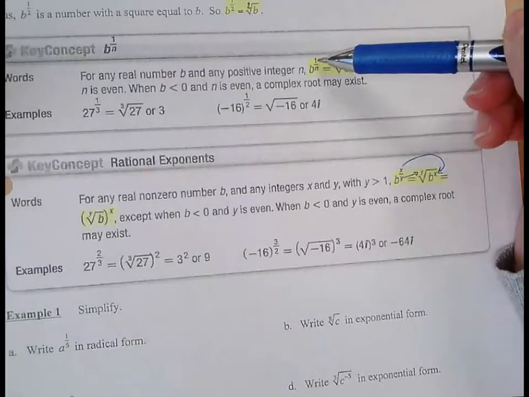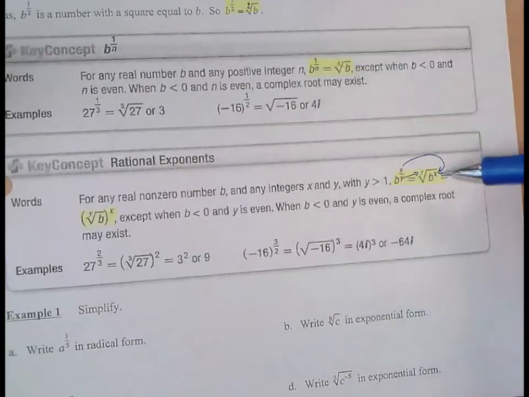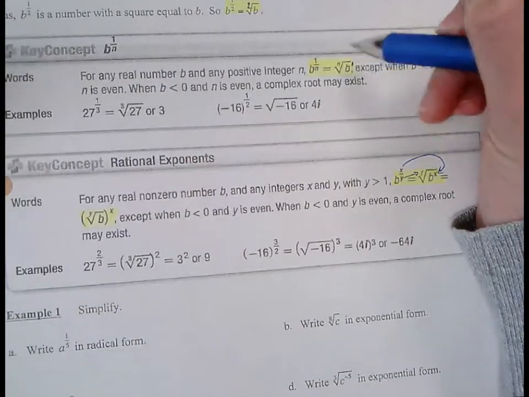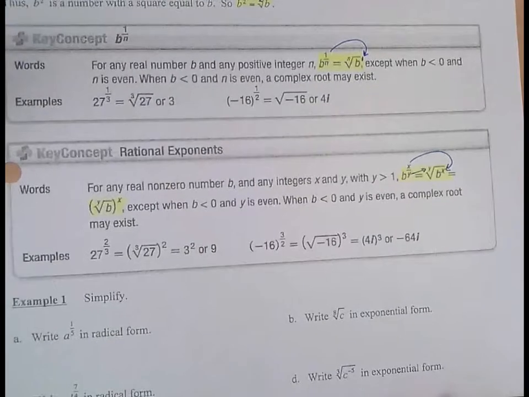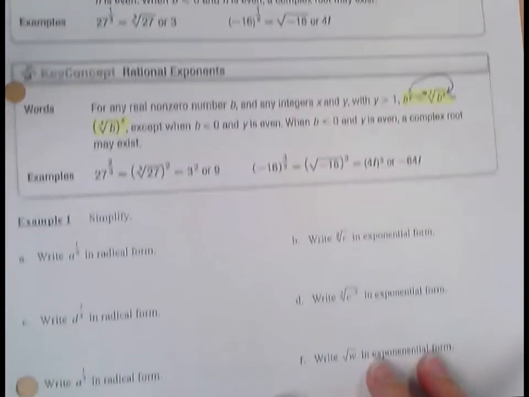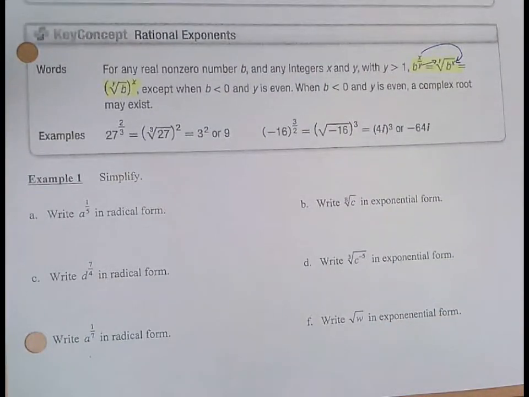So up above, when we had a numerator of 1, this rule still applies, but if it's just to the first power, it's not necessary to write it in. So the denominator is the index, the numerator is the power it's being raised to. It shows examples.